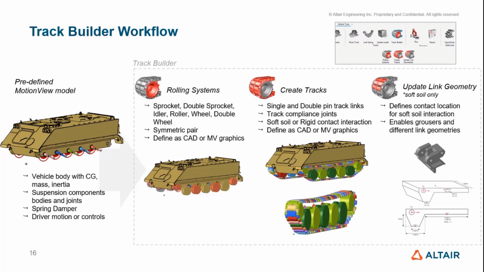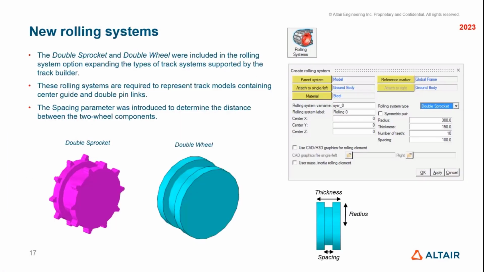Now, what we have done, start with the new rolling system that we are providing. We have now a double sprocket and a double wheel track link. These can be represented using MotionView primitive entities or a CAD itself. So under the rolling system, you have now the rolling system type here. And well, this was necessary.